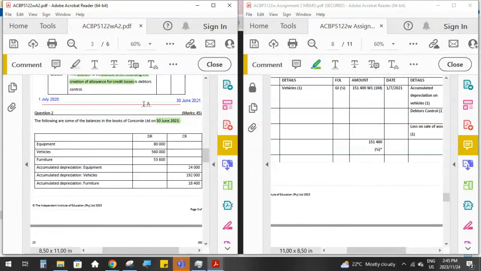So that's the beginning and the end of our financial year that we're talking about in this particular exercise.